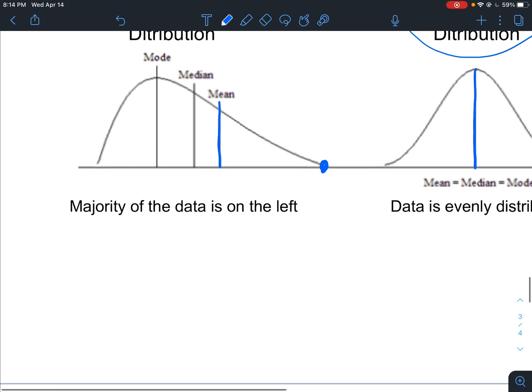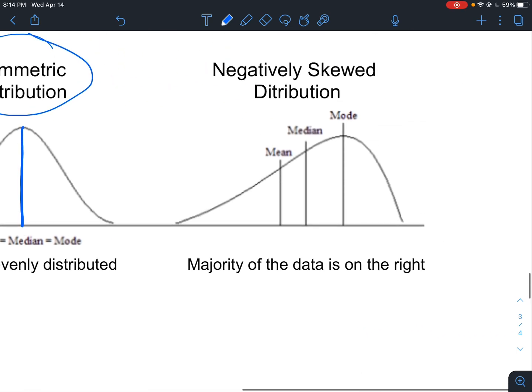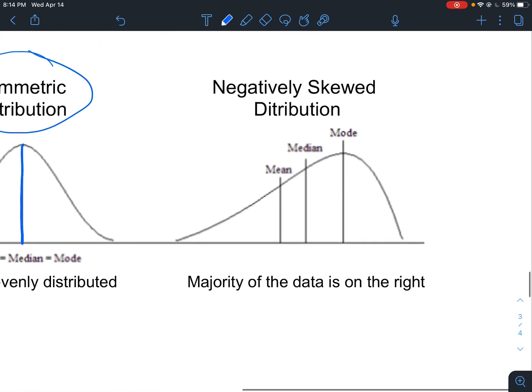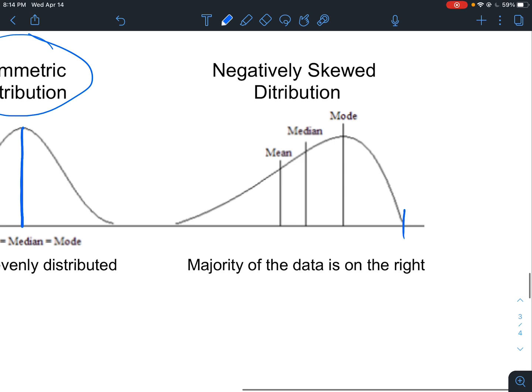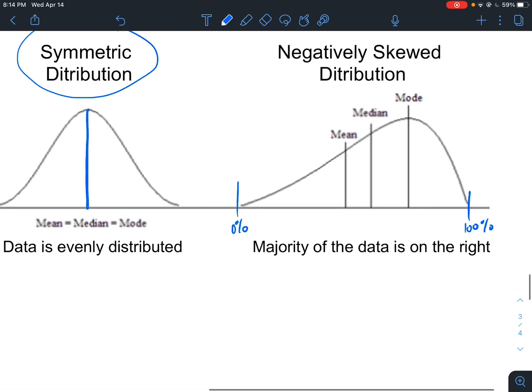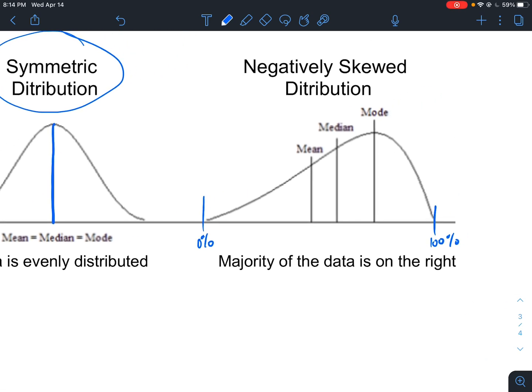Let's say this was a representation of your test scores. Let's say this was 100% and this was 0%. This would mean that you have a bunch of students that scored really low, but the bulk of the students scored really high.